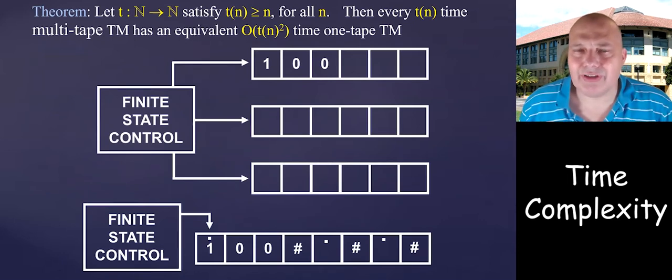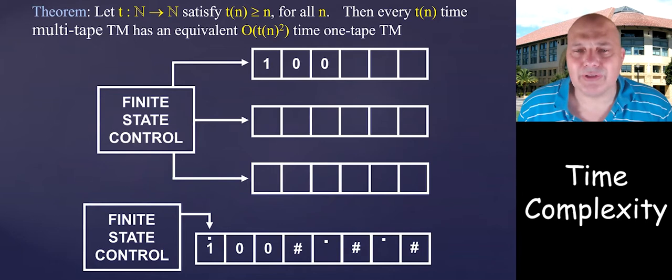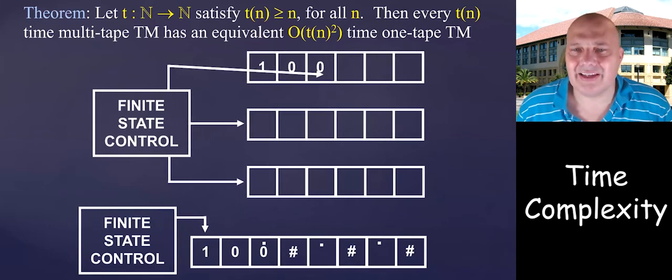So let's briefly remind ourselves of the simulation that we had of multi-tape in a single tape, and let me hand wave that it does what we want. Otherwise, you can look at Sipser. So we are simulating this step on a single tape. We have all three tapes written there.